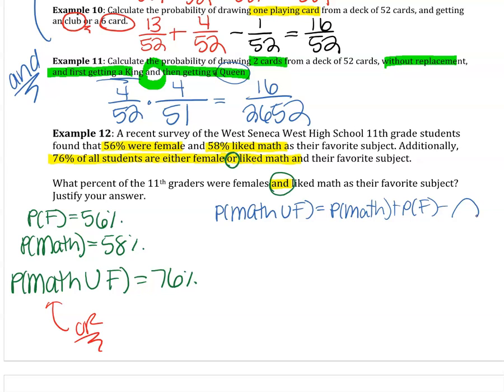Let's plug in what I know. Math or female, they told me, was 76%. Math was 58%, and female was 56%. I'm going to call the and that I'm solving for X.